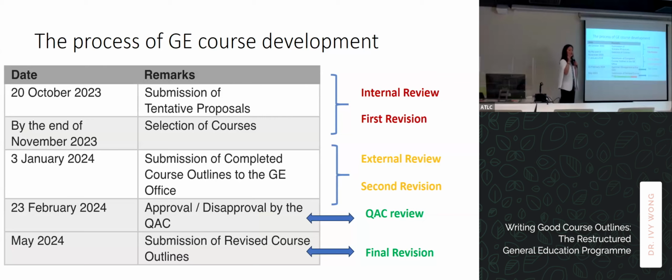So in QAC's mind, you have already done the internal review and addressed all the comments, then you have addressed all the comments from the external review. That is when QAC members would look at it the third time to make sure that this is good enough. And then they would give comments.